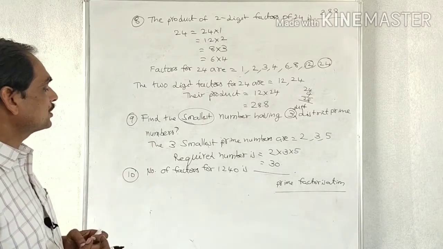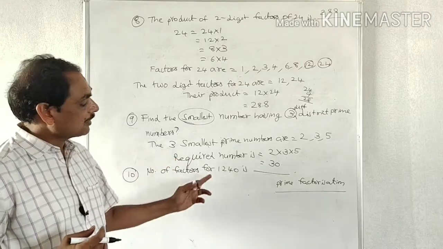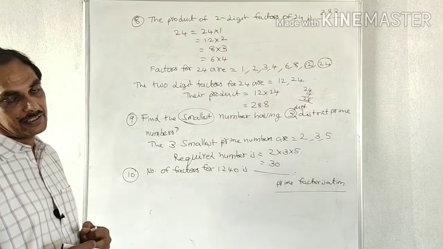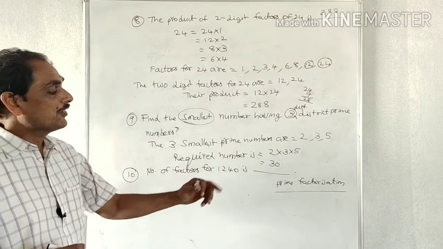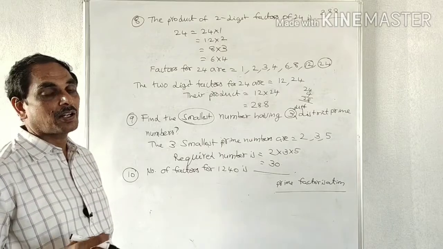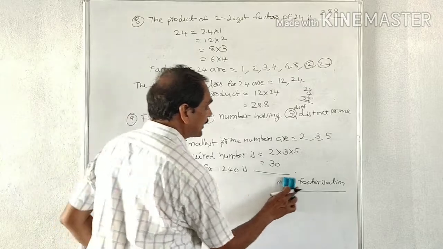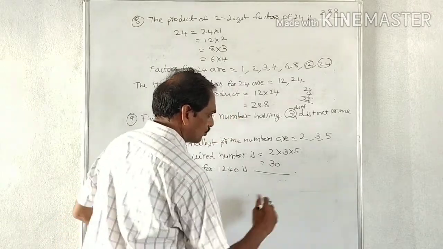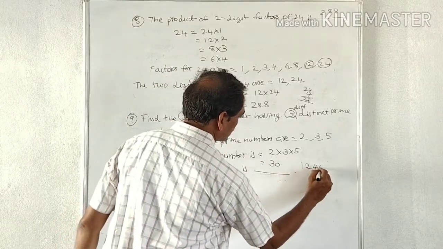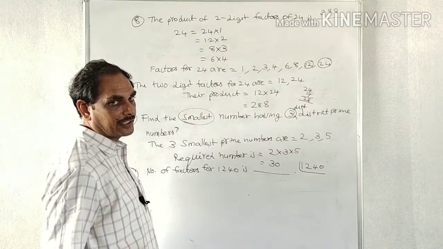Here also we have to find the prime factors for 1240. So we use the prime factorization method to write 1240 as a product of prime numbers. We divide 1240 by prime numbers like 2, 3 or 5.